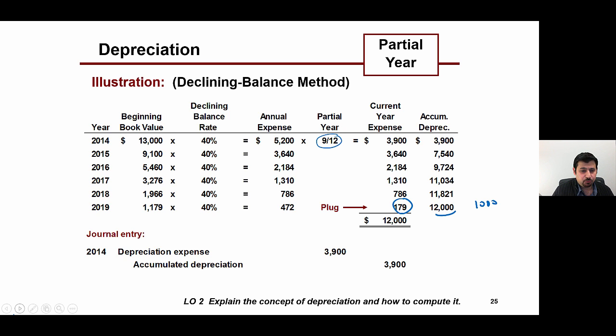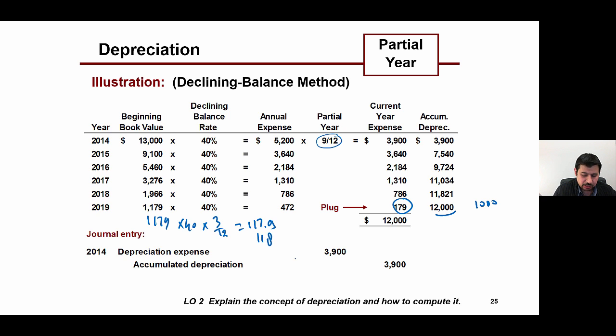Now, if we are to calculate 1,179 multiplied by 40% multiplied by 3 over 12, which is the partial year, because here it's only 3 months, the amount will actually be 117.9, say 118.